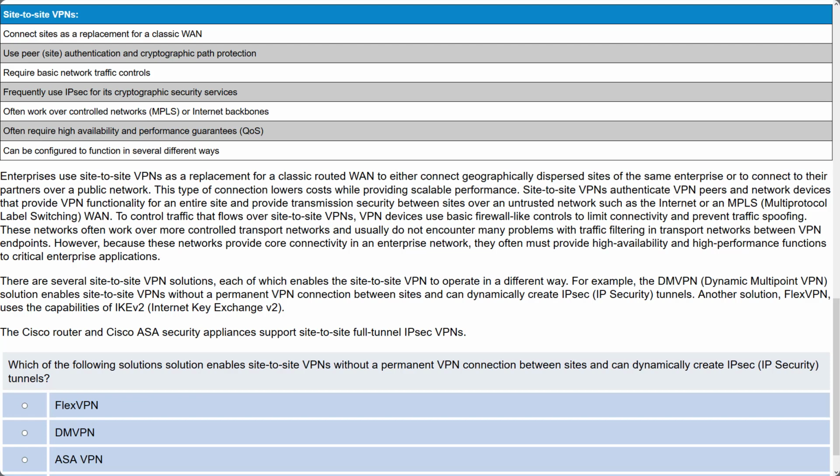GRE over IPsec. IPsec does provide a secure method for tunneling data across an IP network, but as a protocol, it actually has quite a few limitations. IPsec doesn't support broadcasting or multicasting, which means that we're not able to use protocols that rely on those features like routing protocols.